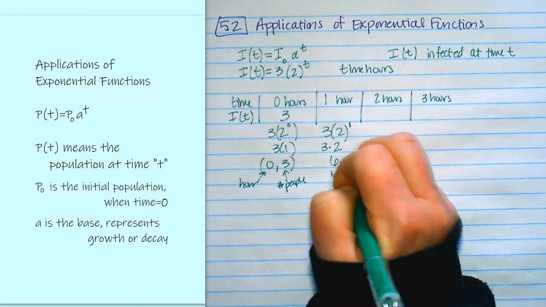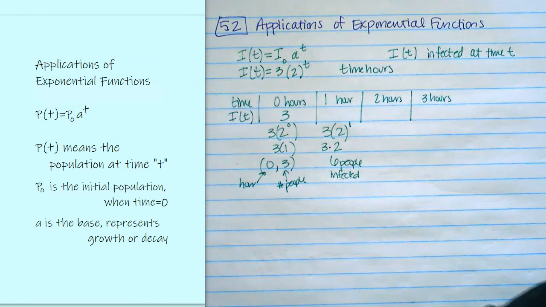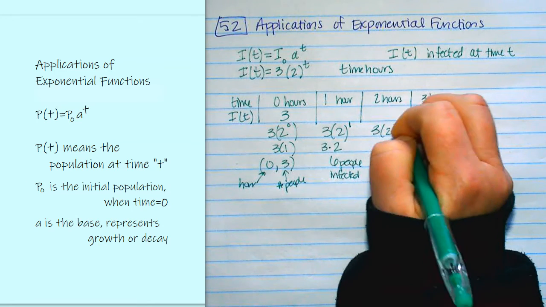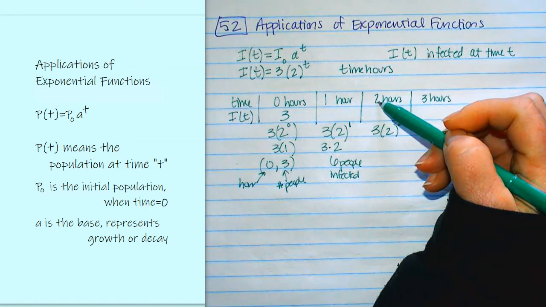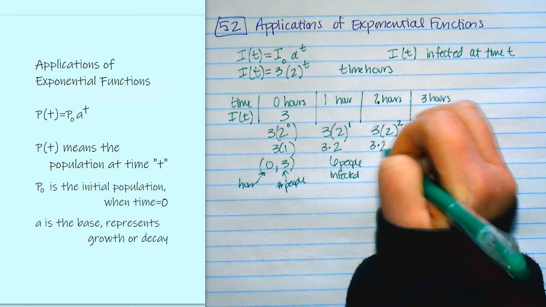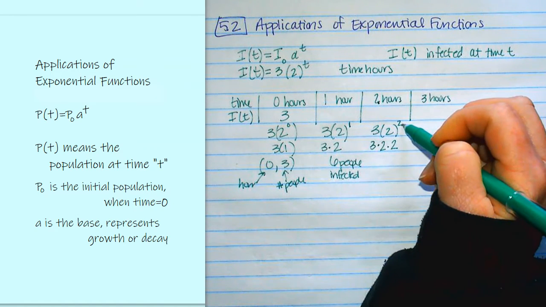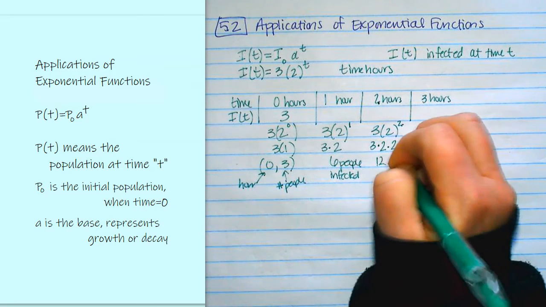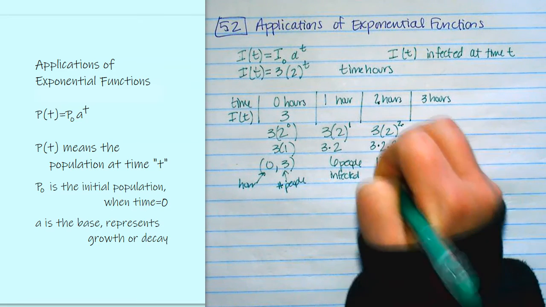At 2 hours, we've got 3 times 2 squared. So we're putting 2 in for t. Here it is. That becomes 3 times 2 times 2. There's two 2's. That's 6 times 2, which is 12 people infected.